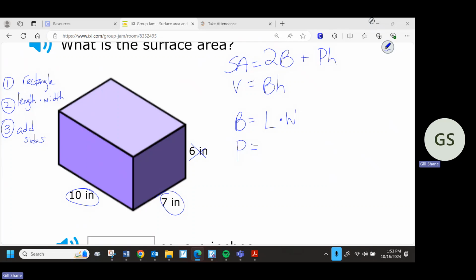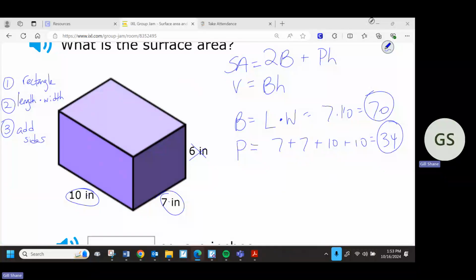Yeah, not the 6. These are my length and my width. 7 times 10. For perimeter, what do I add? 7, 10, 7, 10, and 20. So those are my capital B, my capital P.